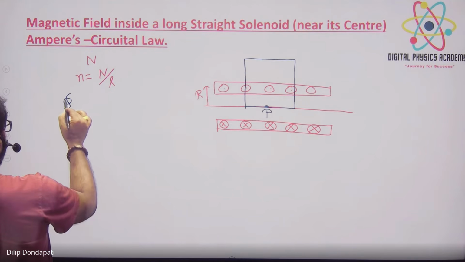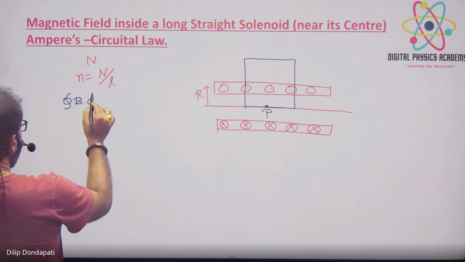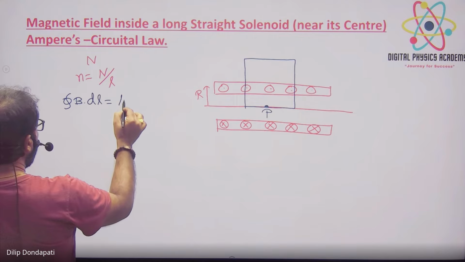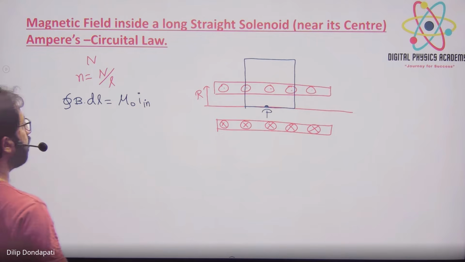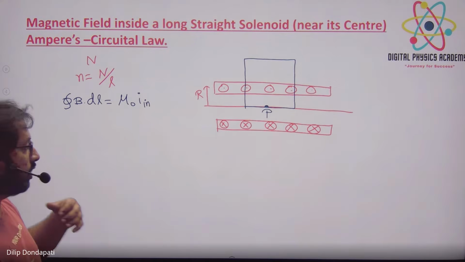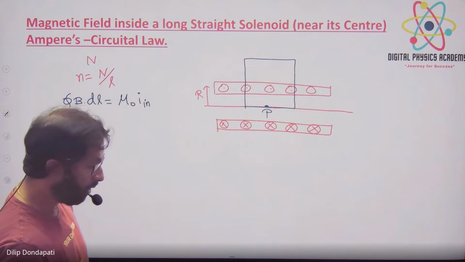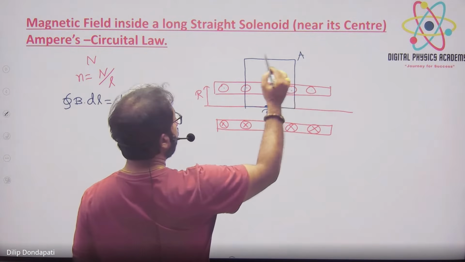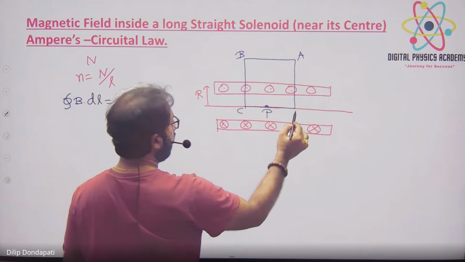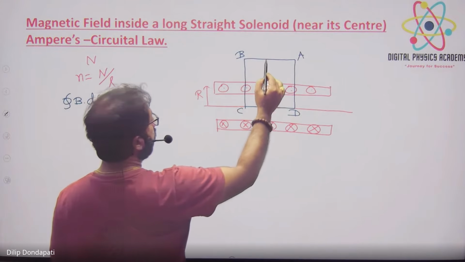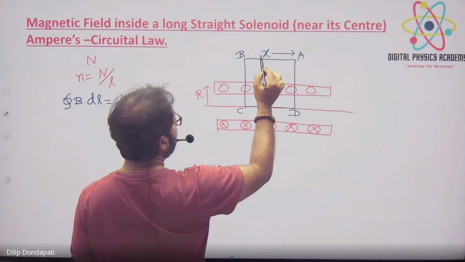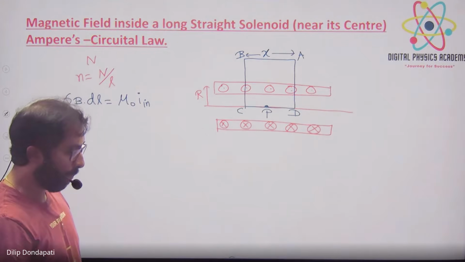Closed integral B dot dl is equal to mu naught times I inside. This is the formula for Ampere circuital law. Our interest is to calculate the magnetic field at this point P. Name it A, B, C, D. And its length we call x.